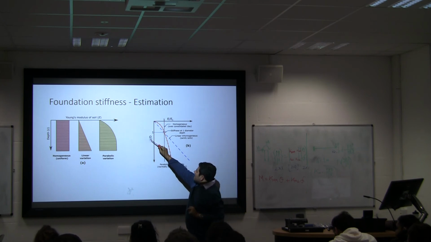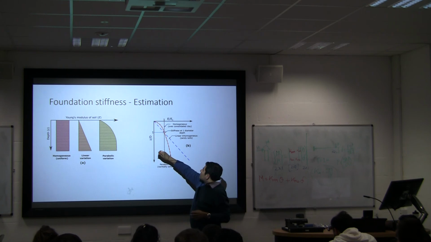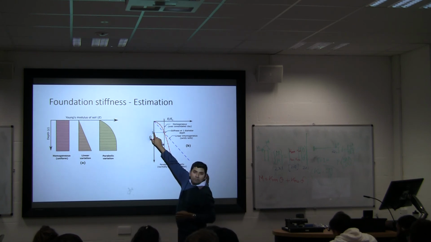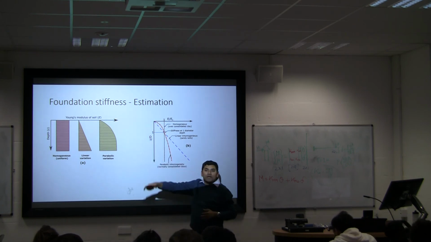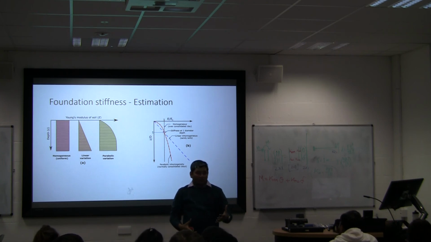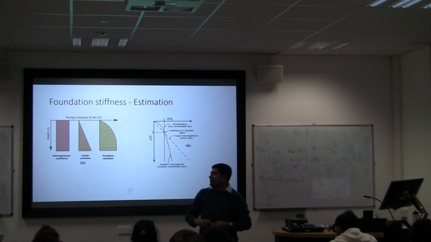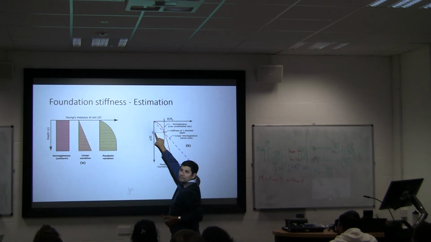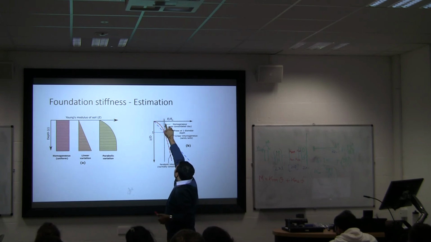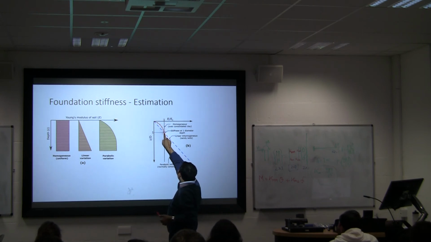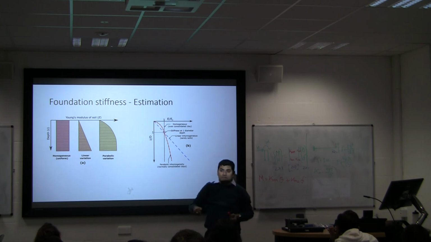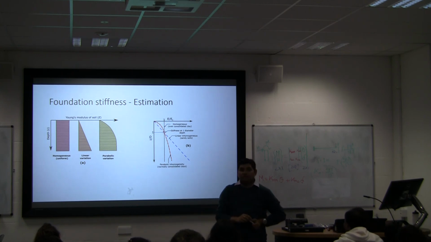So Z by D is the depth normalized by the diameter. Z by D of 1 means at one diameter below. That means if your pile diameter is 5 meter, this means 5 meter. And E by ES of 1 means to find out the stiffness at one diameter below. So you only need that parameter.